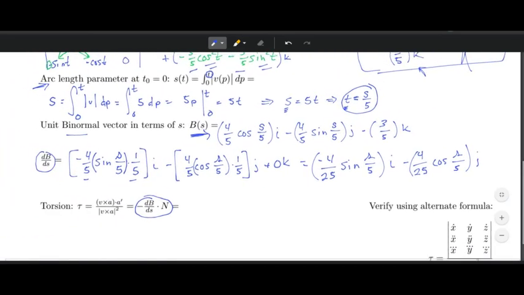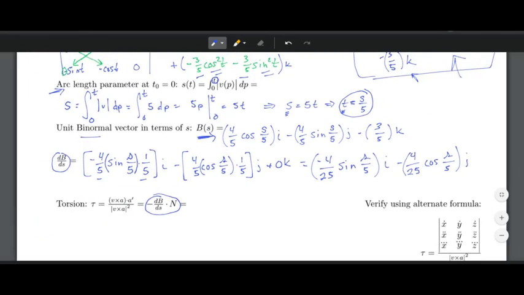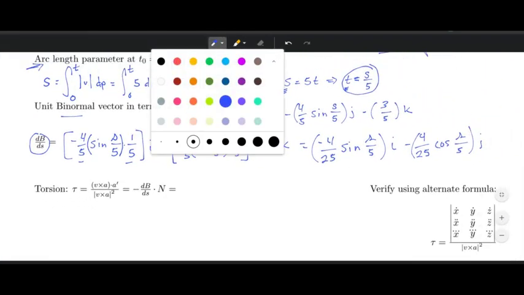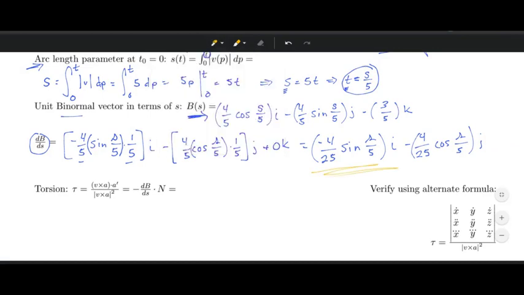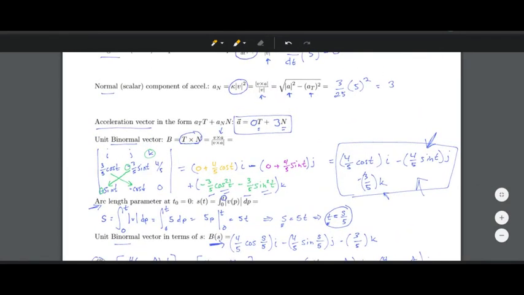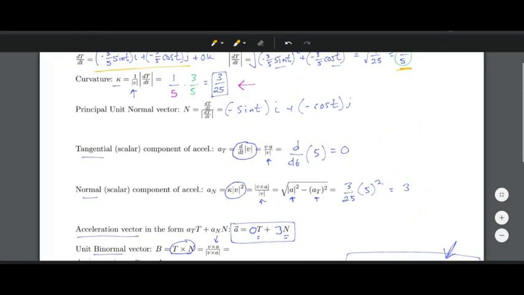All right, so we're almost to our torsion. We just need the negative of the derivative we just found, and we're going to dot it with our normal vector n. So let's put those things together. Dot product: I'm going to take the negative of this vector and dot it with n, which was way up here. Okay, so remember the dot product?